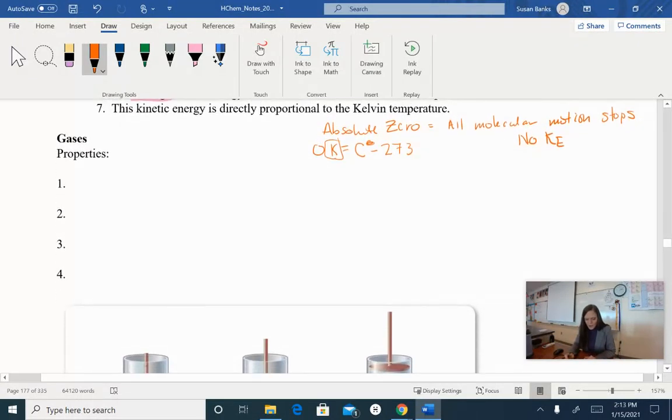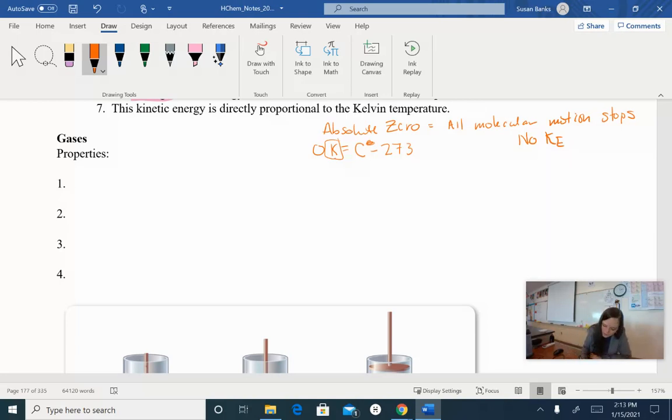And let's list some properties of gases. Now, when we think about gases, we know that those molecules can go past one another. They are not held in a rigid crystalline structure. We see this all the time when we're outside and the wind's blowing or we blow on something. Those molecules can flow past each other.